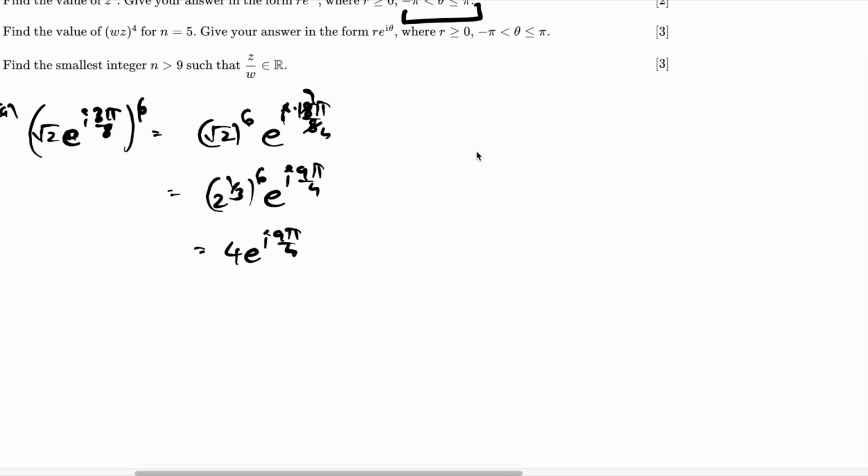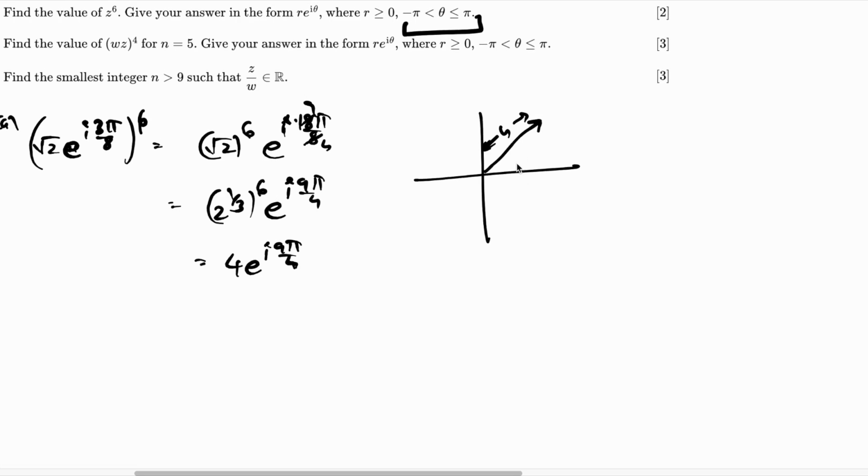So what I'll do is I'll try understanding how my complex number looks. 9 pi by 4 is a number which is more than 2 pi. That means I'm taking a whole revolution and then coming back in the first quadrant approximately. So this is my complex number here. The length is 4. And if I consider the complex number in the principal argument, I'll just disregard the first rotation and consider the remaining angle as my argument.